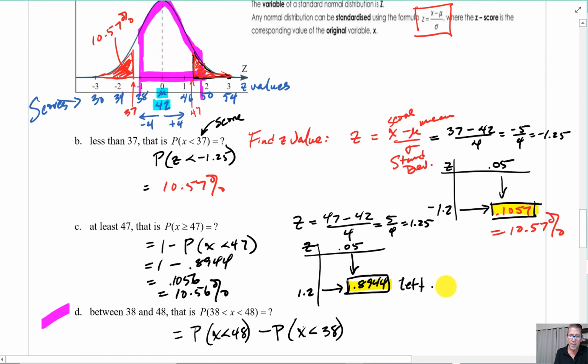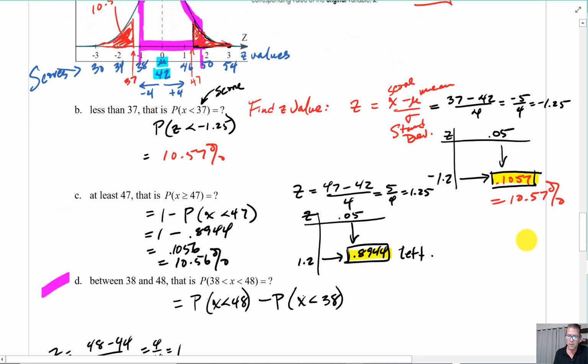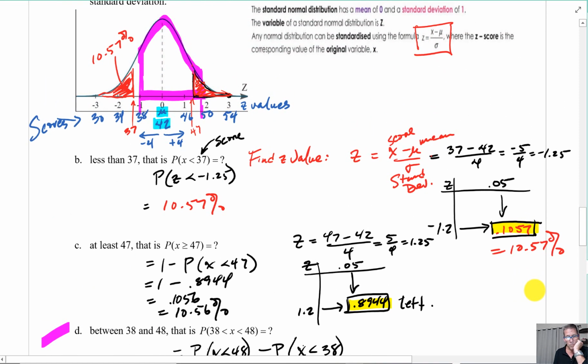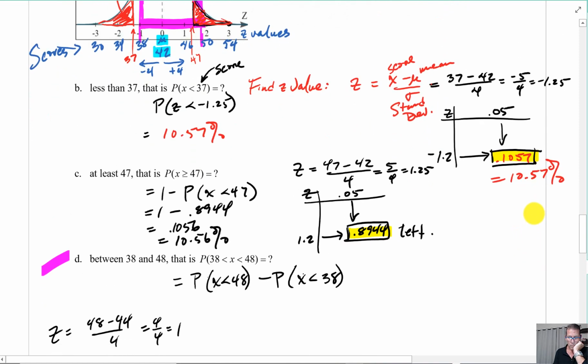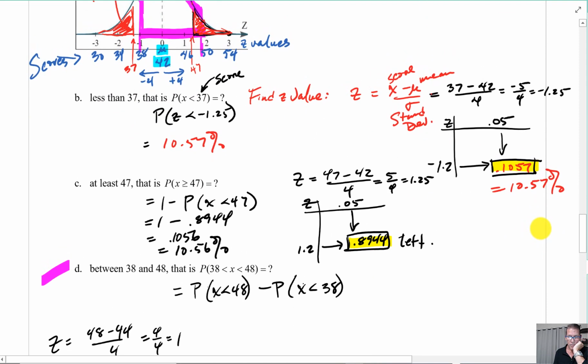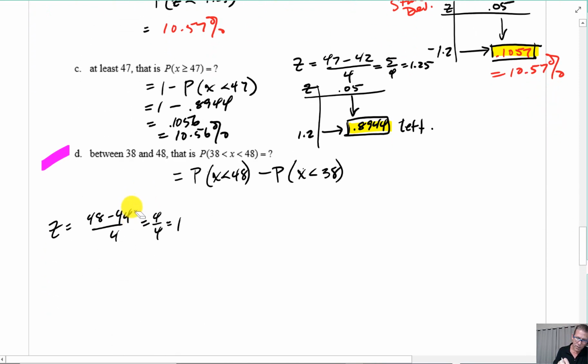Look at the graph. Excuse me, I didn't say that right. What did I do wrong here? Oh, I didn't put the right number in. The mean is 42.